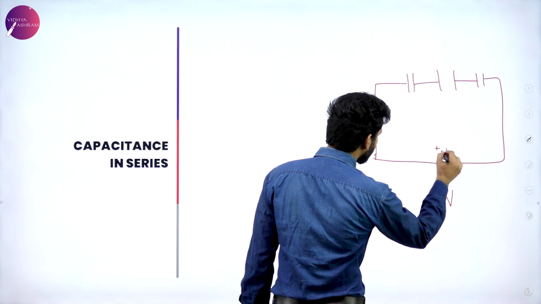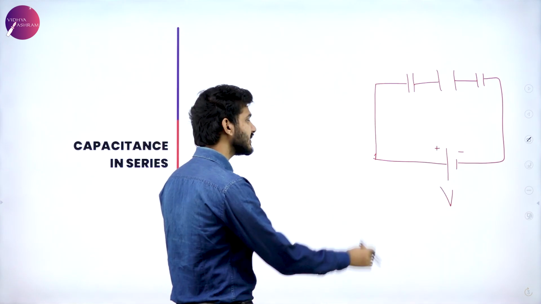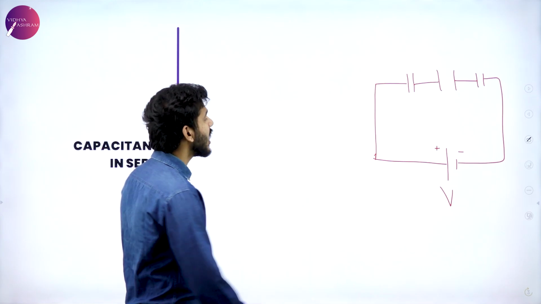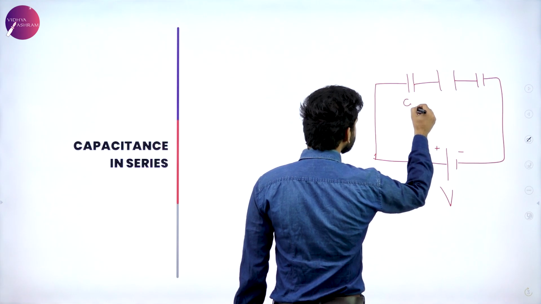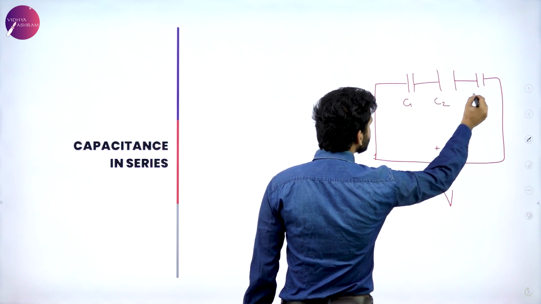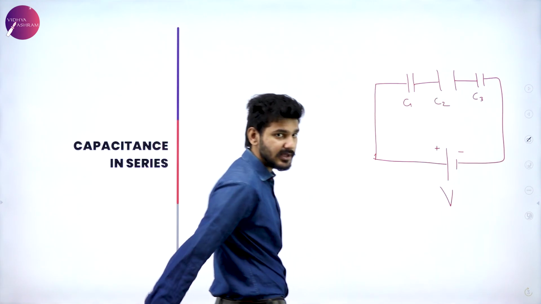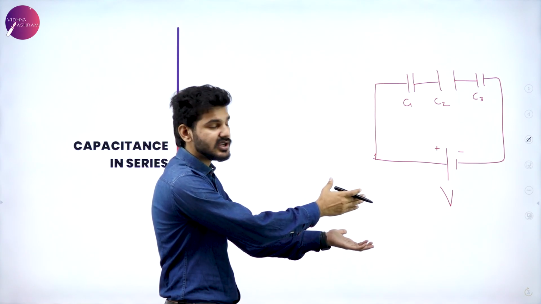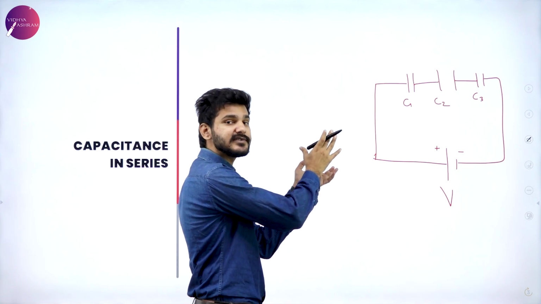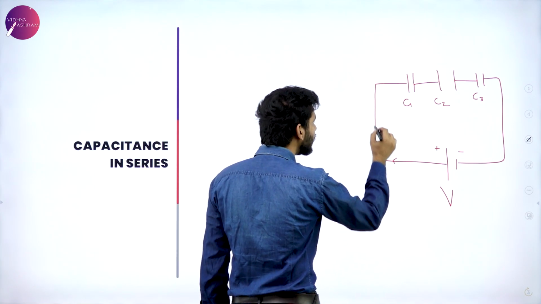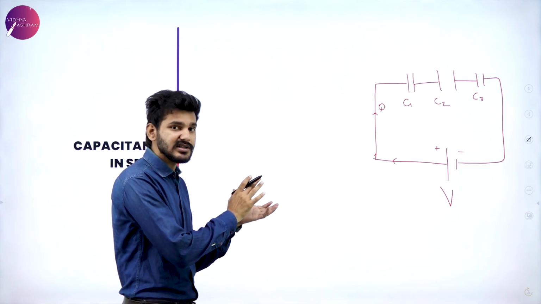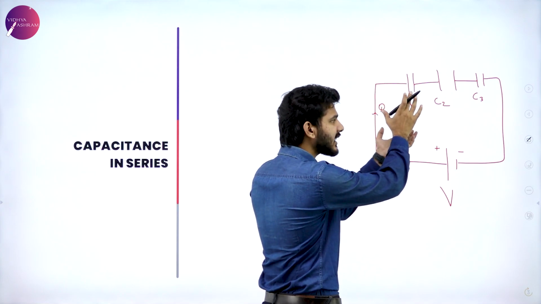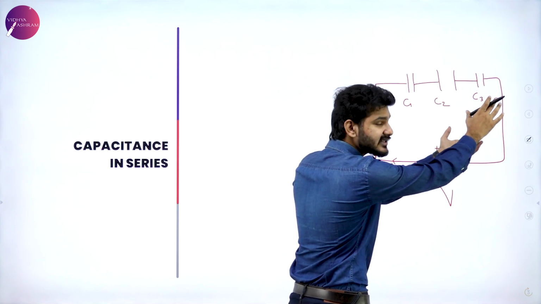Then this will be positive, this will be negative, and this V potential is being applied to three capacitors, that is capacitor C1, capacitor C2 and capacitor C3. So from this V voltage cell, Q amount of charge is being carried and stored into the capacitors.